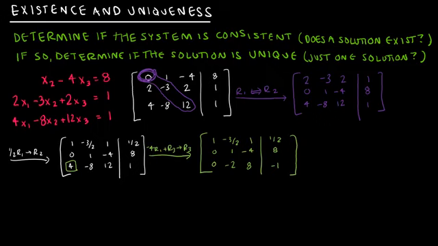Now I would focus on making this a 1, but it already is, so I'm going to focus on making this a 0. To make that a 0, I'm going to take 2 times row 2 plus row 3 to be my new row 3.